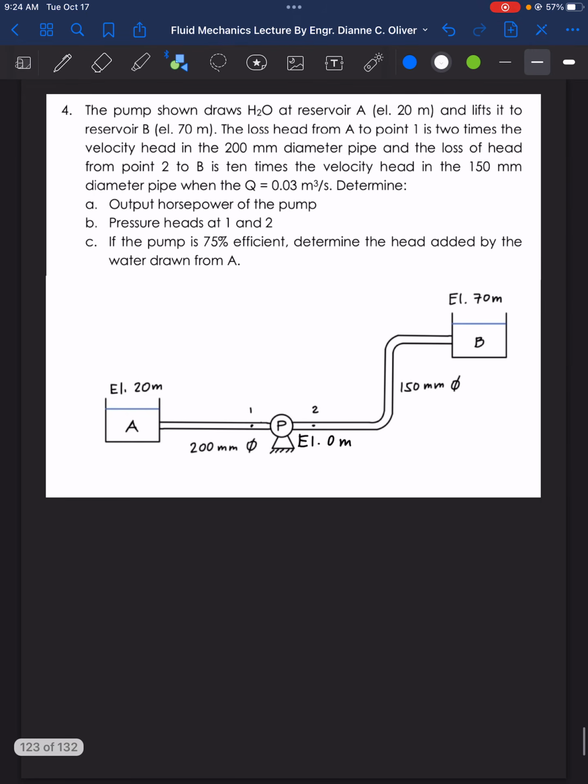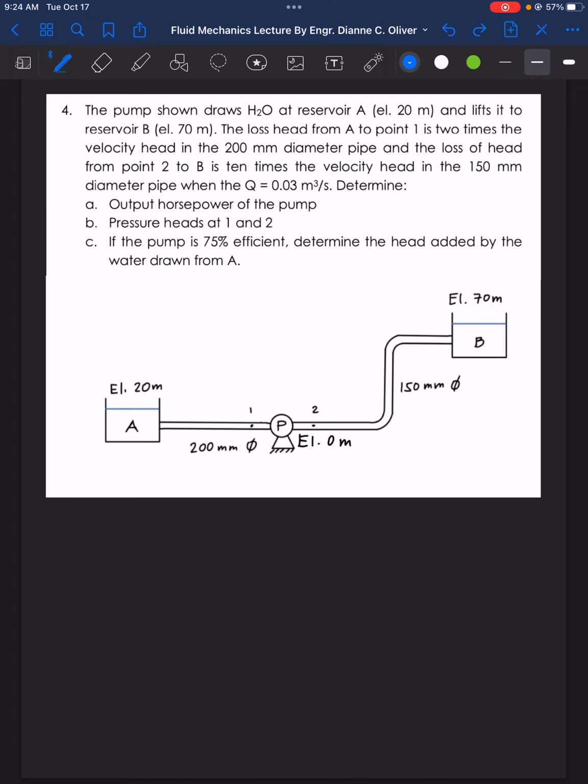So let's go now to the last example. For the last example in this video, we have a pump shown. So this is our pump here. It draws water at reservoir A with elevation 20 meters and lifts it to reservoir B. So water is lifted from reservoir A to reservoir B with elevation 70.